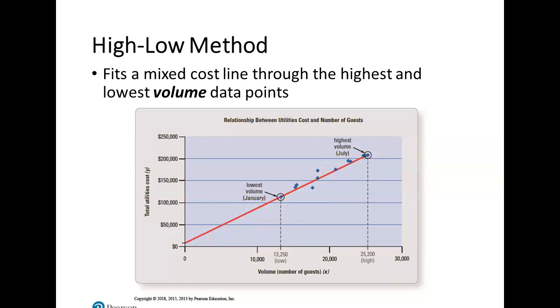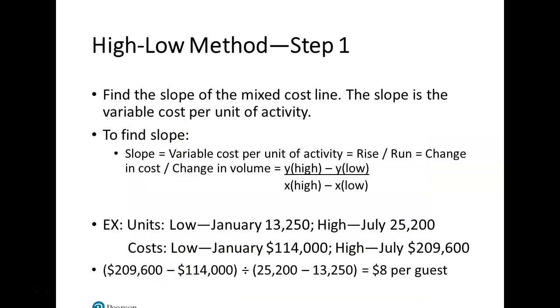So for the high-low method, what we're doing basically is trying to find the slope of a line. We want to find the high level of activity versus the high level of cost, the rise versus the run. And again, this is a very basic algebraic calculation, and it's not that difficult to do.